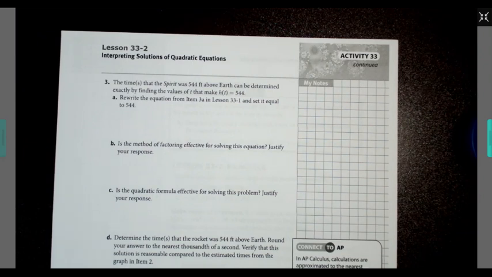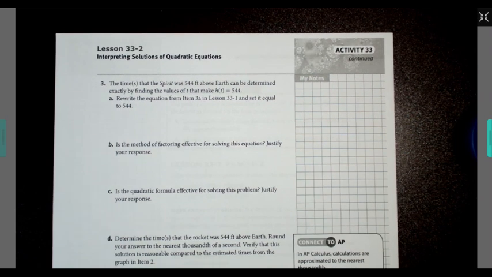Question 3 says, the times that the spirit was 544 feet above Earth can be determined exactly by finding the values of t that make h of t equal to 544. Rewrite the equation from item 3a in lesson 33-1 and set it equal to 544.